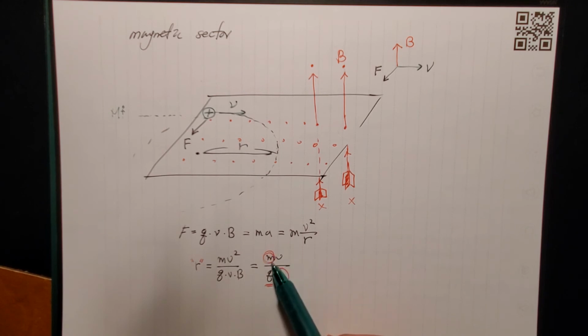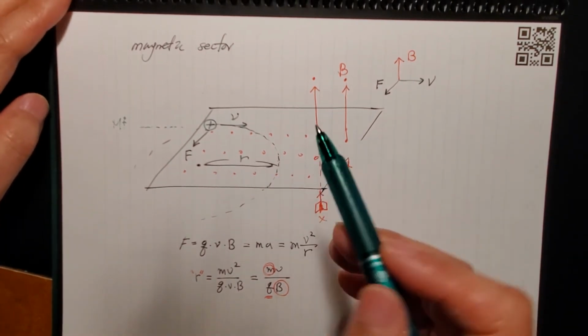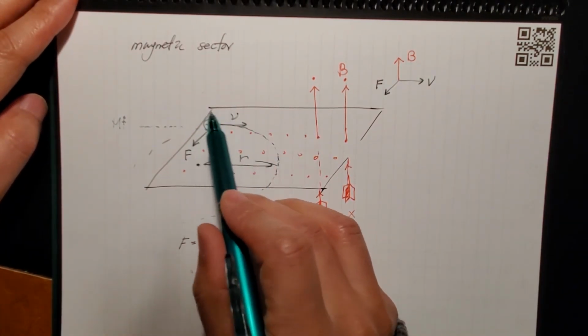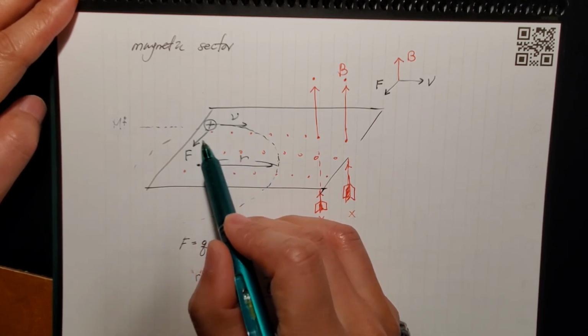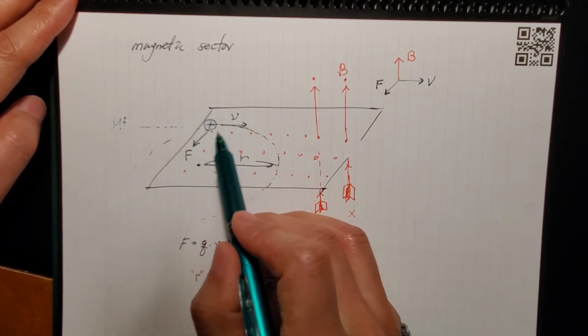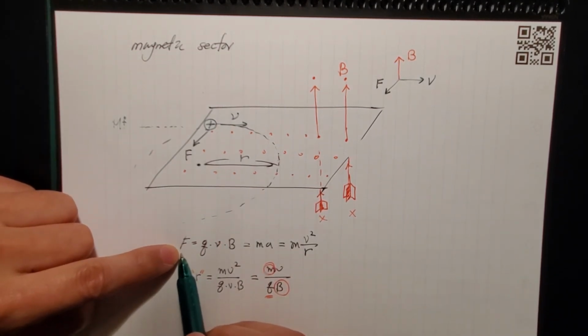And the heavy ones will make a big circle. What that means is that the heavy ones fly and force is given, but because it's heavy, with the same force at the same speed, right?